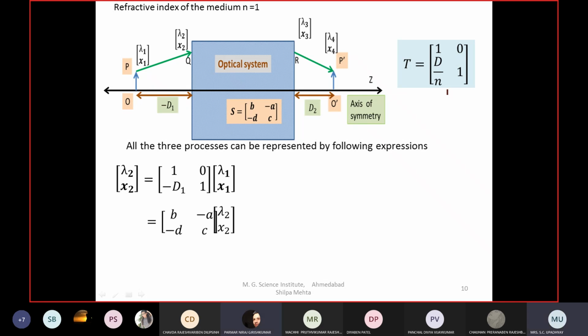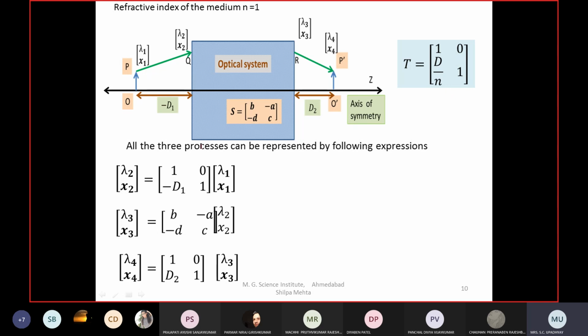Minus a minus d and c operates, and our lambda 2 x2 becomes lambda 3 x3. Now the next is lambda 3 x3. Which matrix operates on it to give lambda 4 x4? 1 0 d2 and 1. It is the translation matrix, and at last we get lambda 4 x4.